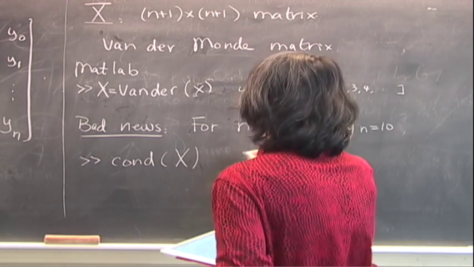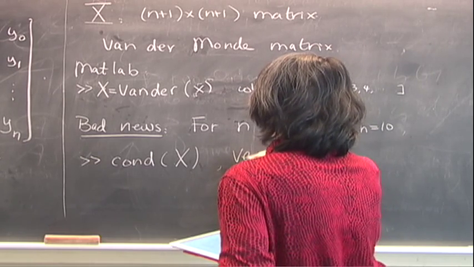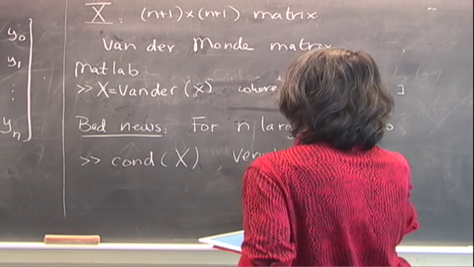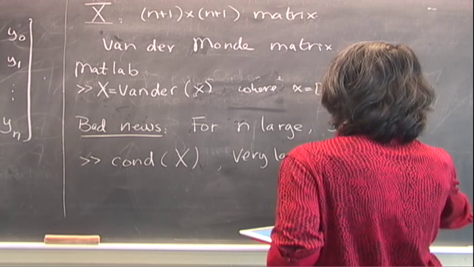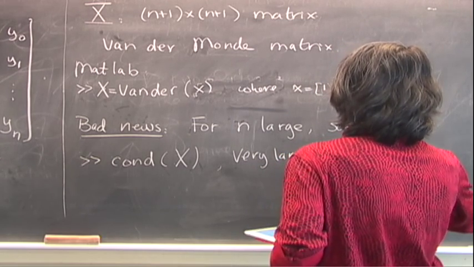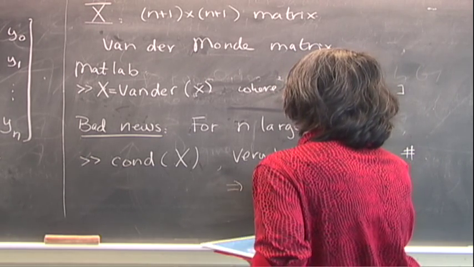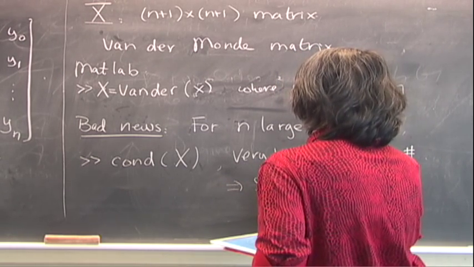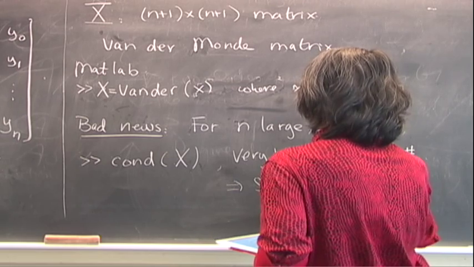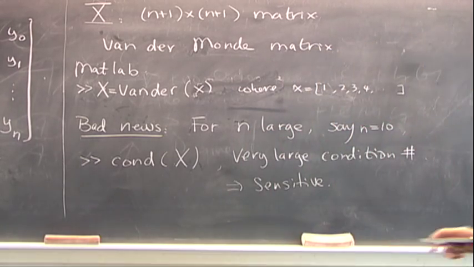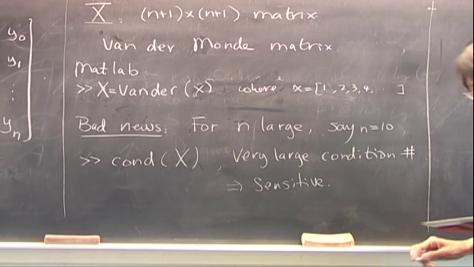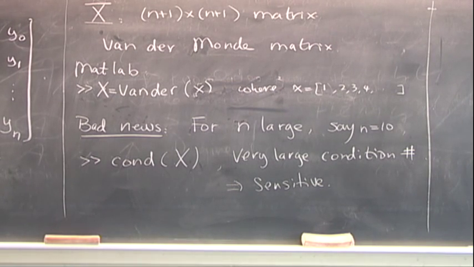So a very large condition number. What does it mean? It's very sensitive, unstable. What's a condition number?